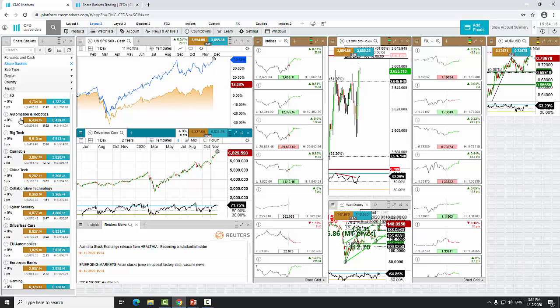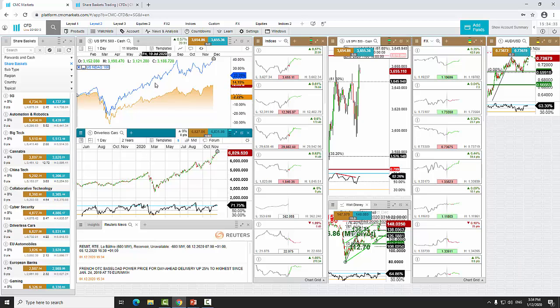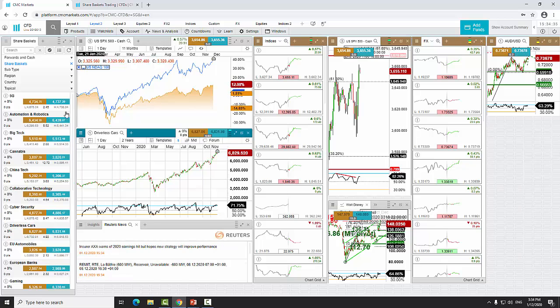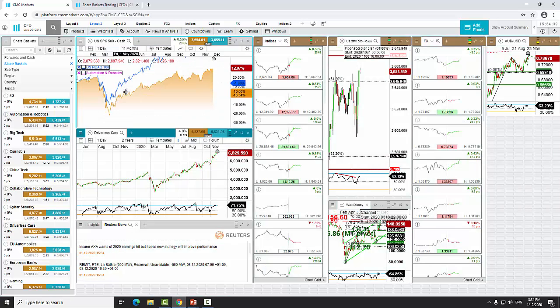So automation and robotics is a future work theme play as well as an AI theme play. Let's say I want to see whether this basket of stocks, which is part of automation and robotics, outperforms the S&P 500 as well as the Nasdaq 100. All I need to do is left click this and drag it over.